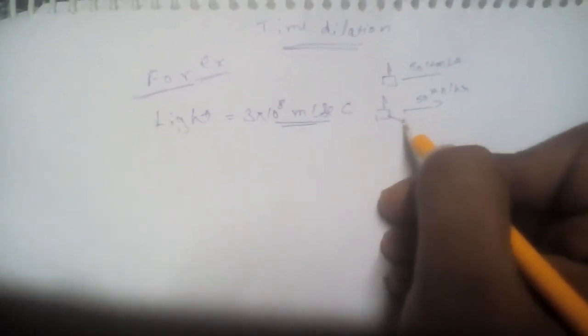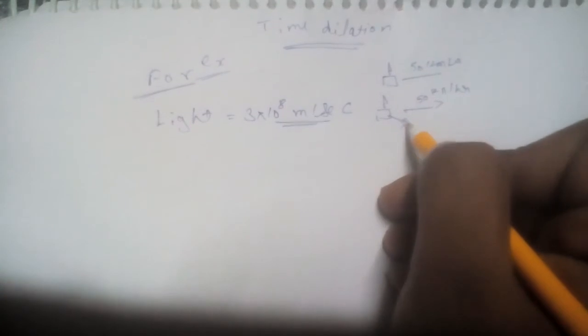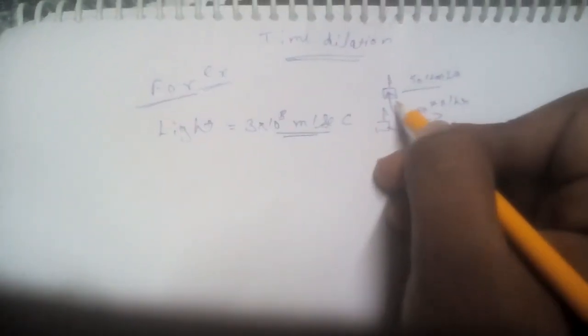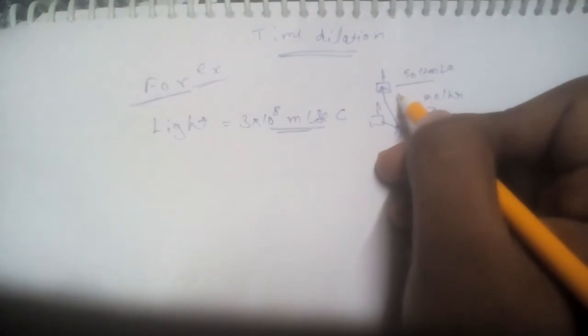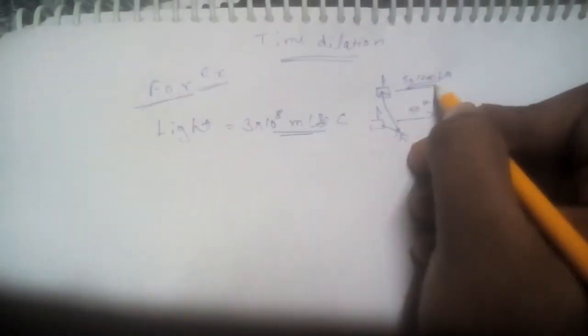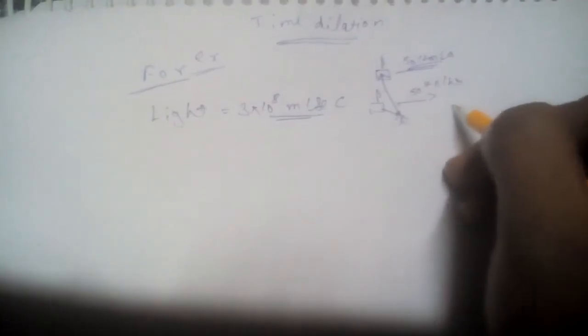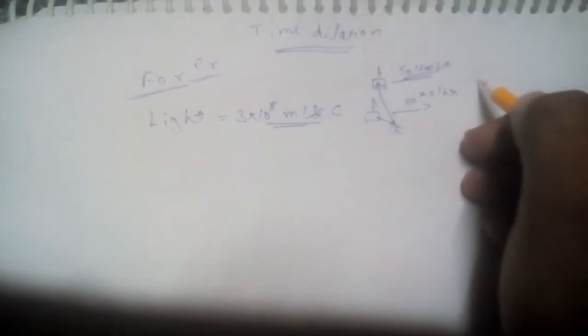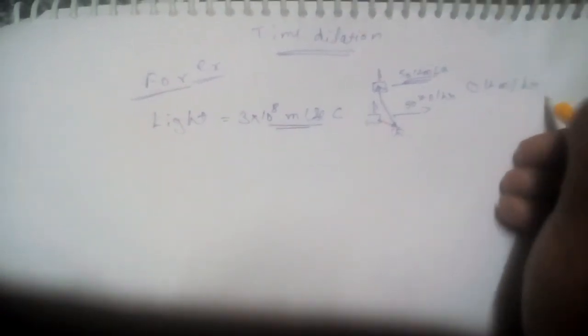If you sit in this car and you see another car traveling at the same speed of 50 km per hour, you think that the speed of the other car is 0 km per hour.